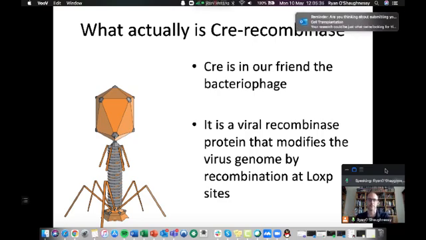So it's a viral recombinase. It cuts up DNA, the virus genome, and integrates it into the bacterial genome. And that's the way that bacteriophages can survive in, or at least their genetic makeup can survive in, without drawing attention to, for instance, the CRISPR system.